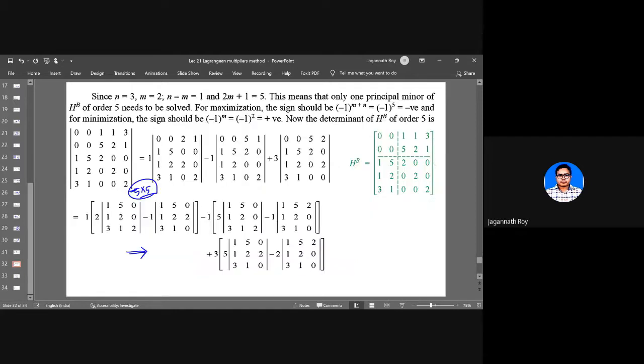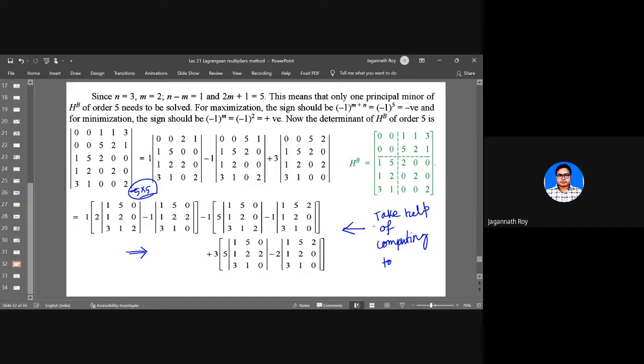Now the question will be, sir, how do we evaluate this kind of determinant of 5 order? For this we need to find computing tools to help. You can use MATLAB, you can use Excel. There is no problem.